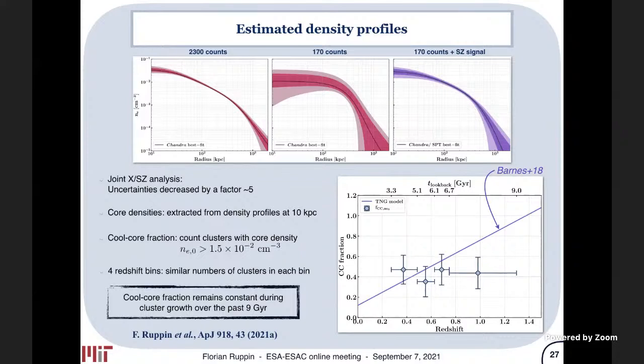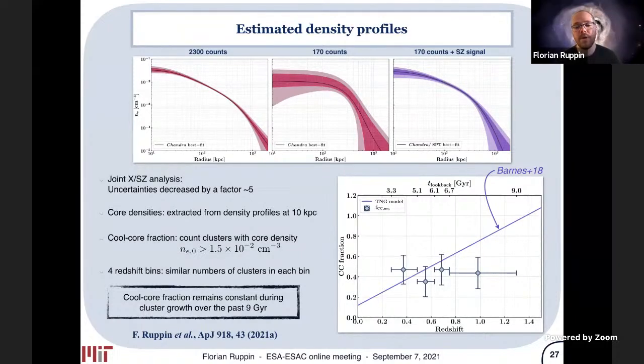And second of all, how confident are you that the physics that is included in the simulation is actually enough to predict this type of relation, when we know that especially what's going on in the central region of clusters is very difficult to model numerically?